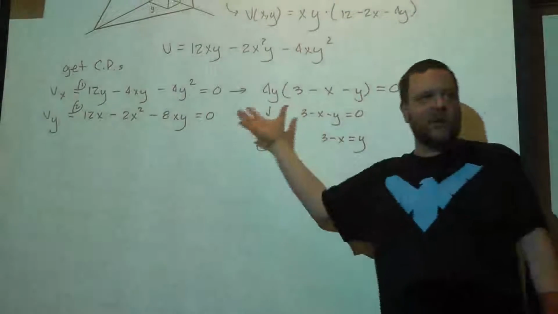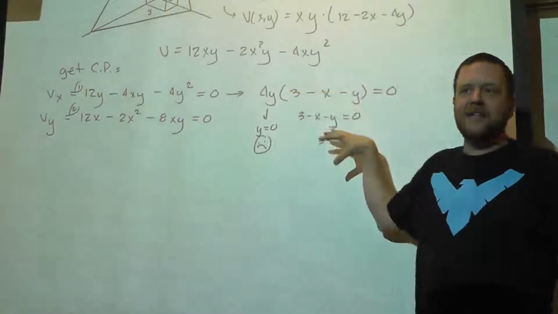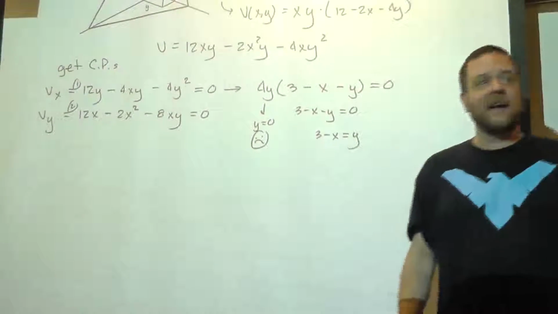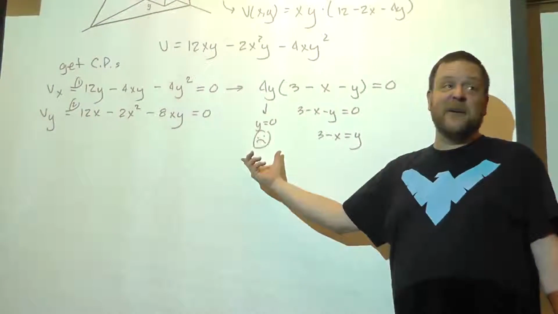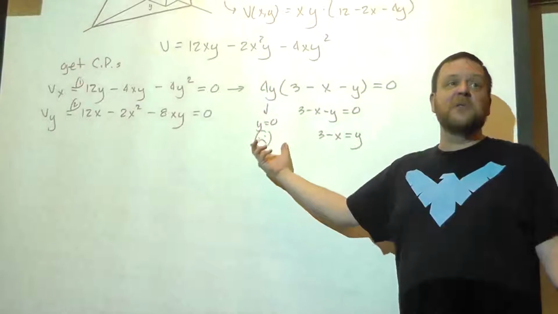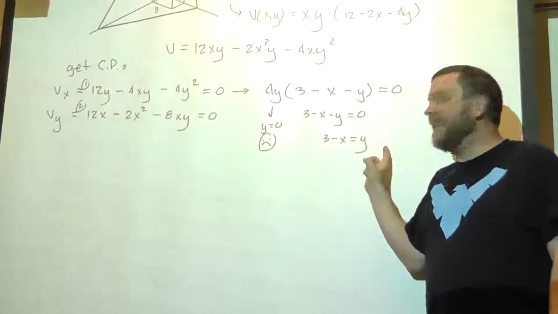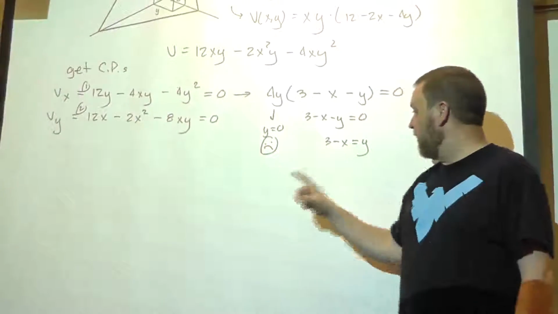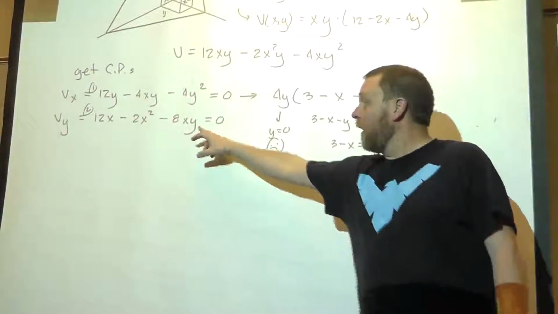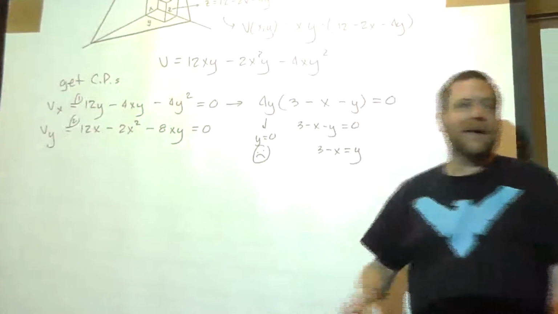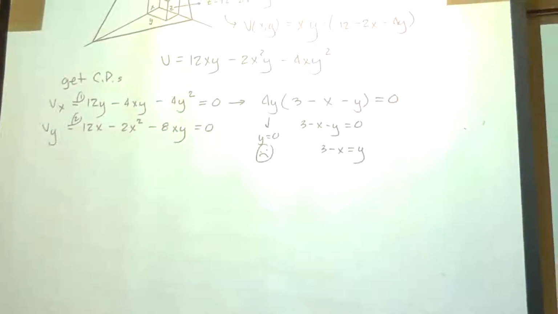Because what you want to do is marry these equations together: take the different case scenarios that you know to be true from the first equation and use them as substitutions in the second equation. This one leads to some kind of nil solution I don't want to consider, so I'm not going to use that one. That one might have some meat and potatoes to it. So if I take this and put it into my second equation here, replace every use of y, and luckily it's not squared, you've only got one use of y. Replace that y with 3 minus x. Let's see where it leads, okay?